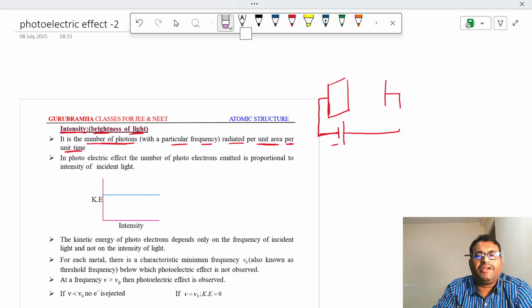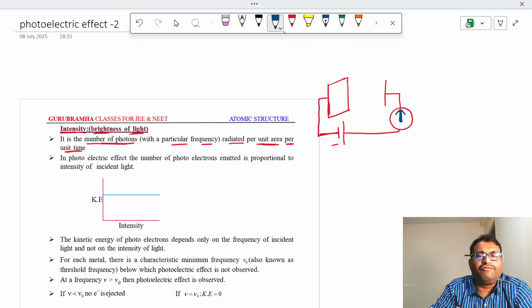We have an ammeter which shows the reading whether the electricity is flowing or not. So if we are not focusing light on it, then it does not show any reading. That means the circuit is not completed, and there is no deflection in ammeter.